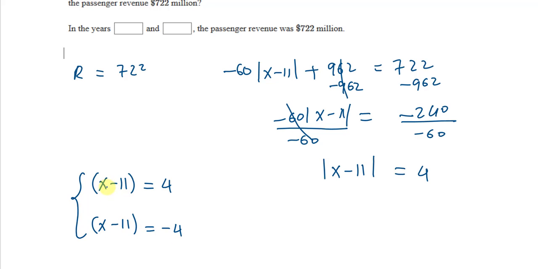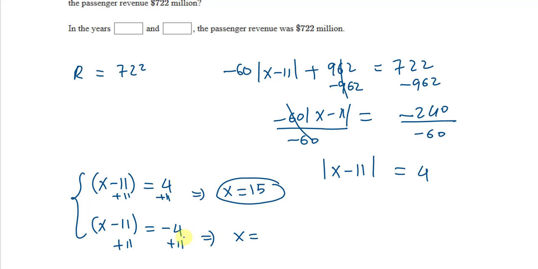For the first case we add 11 on both sides, so x equals 15. In the second case we also add 11 on both sides, so x equals 11 minus 4, that is 7. So there are two answers, x equals 7 and x equals 15.